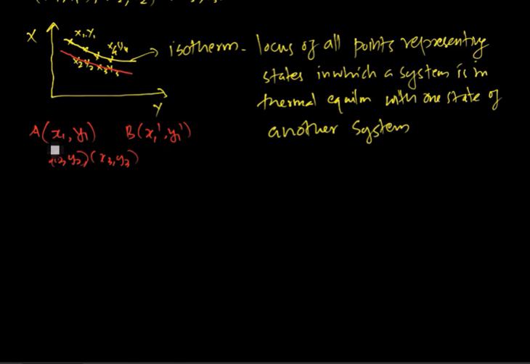Then the states x1 y1, x2 y2, x3 y3 etc. of the system A are in thermal equilibrium. Then the locus of all points of the system A characterized by the different states x1 y1, x2 y2, x3 y3 etc. will lie on another curve, which is again another isotherm.